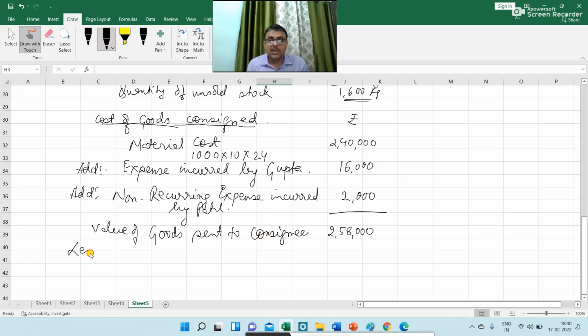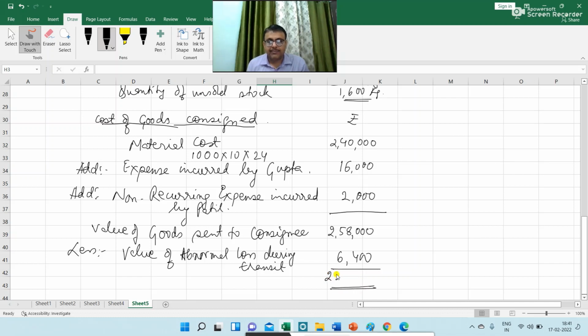But there was a loss due to an accident during transit. So you need to remove this abnormal loss. So value of abnormal loss during transit is rupees 6,400.